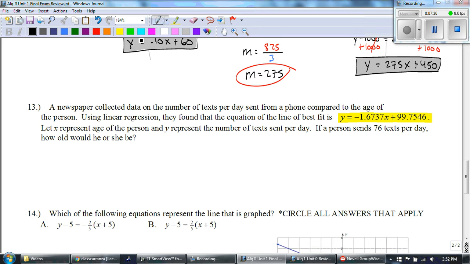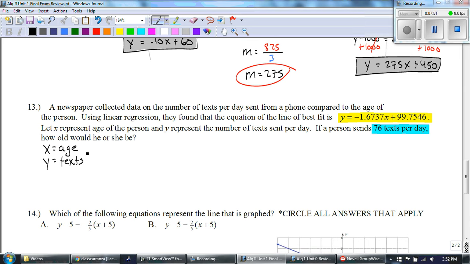We're going to let x equal the age of the person and y represent the number of texts per day. If a person sends 76 texts per day, how old would he or she be?